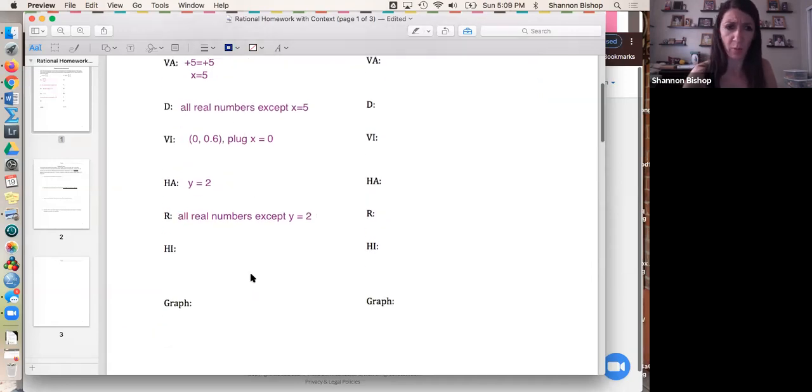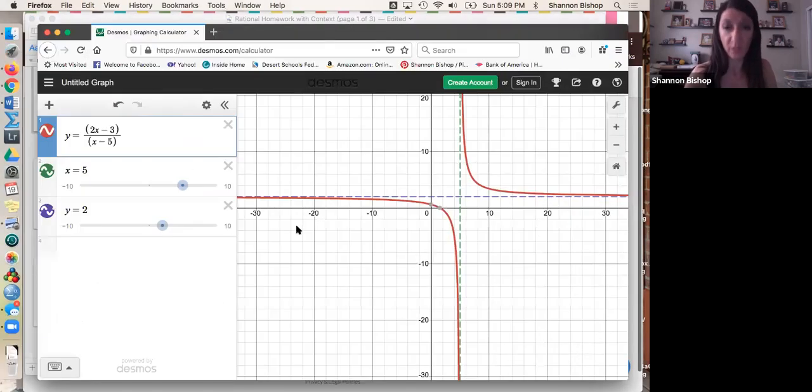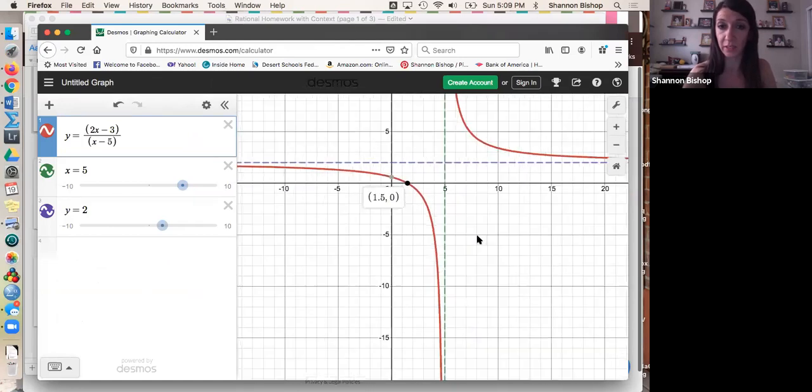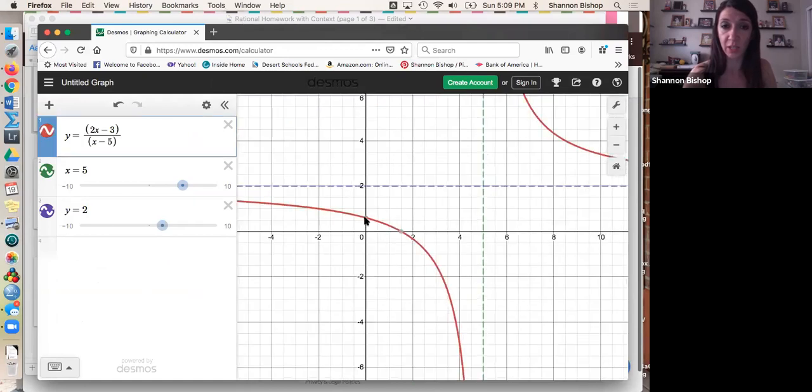I hope. Horizontal intercept. Okay, check this out. Horizontal intercept on Desmos. Not too bad. Touch. It's right there. So just like you can touch the vertical intercept, you can certainly touch the horizontal intercept. It is at 1.5, 0.